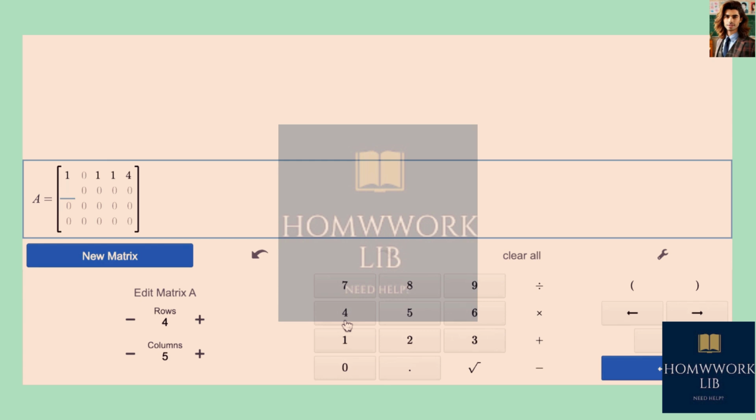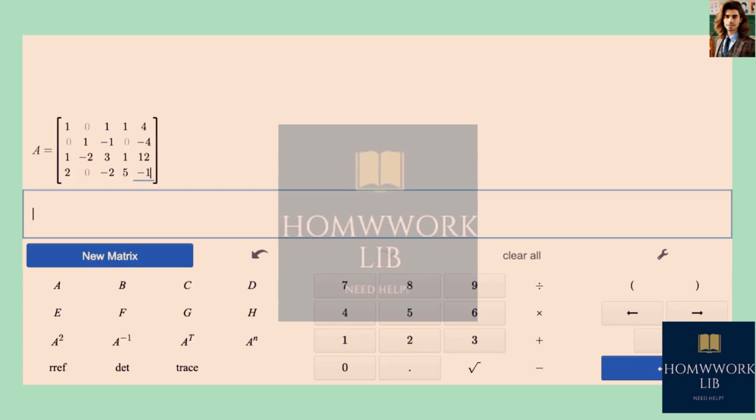And we have no x, 1y, negative 1z, no w equals negative 4. Third equation, 1x, negative 2y, 3z, 1w equals 12. And fourth equation, 2x, no y, negative 2z, 5w equals negative 1.